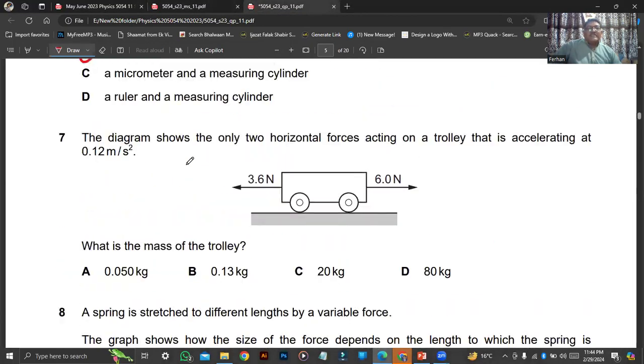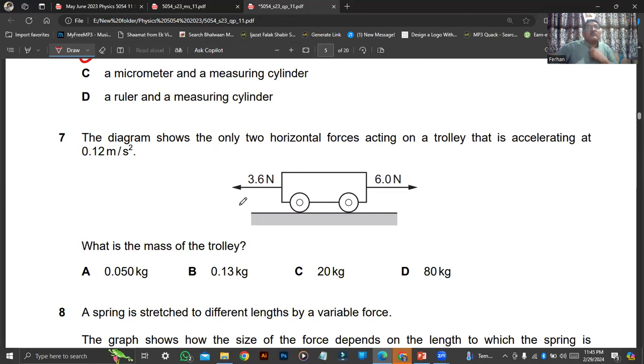Question number 7. The diagram shows the only two horizontal forces acting on a trolley that is accelerating at 0.12 meter per second squared. To the left, we have a force of 6 Newton. To the right, we have a force of 3.6 Newton. So we can find the resultant force from here.